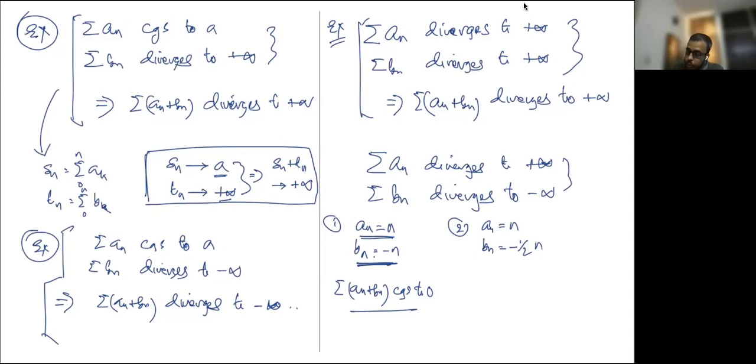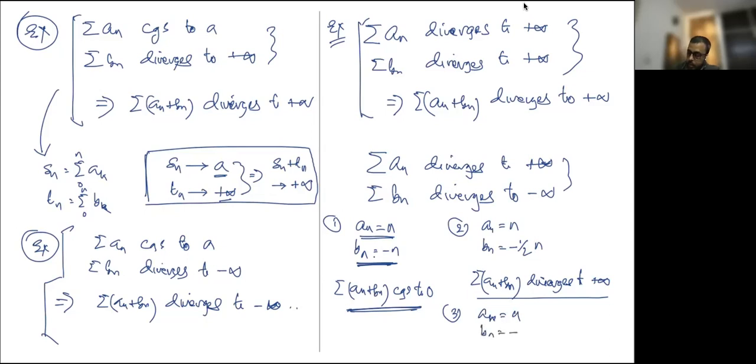But when you look at a_n plus b_n, that's n by 2, which means this diverges to plus infinity. So it is possible to have this converge to something. It is possible to have this diverge to plus infinity. And from this example, you can see that you can do just about anything that you want.